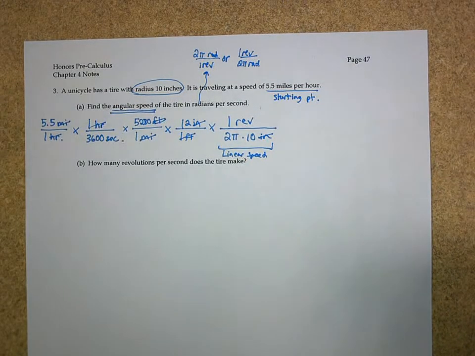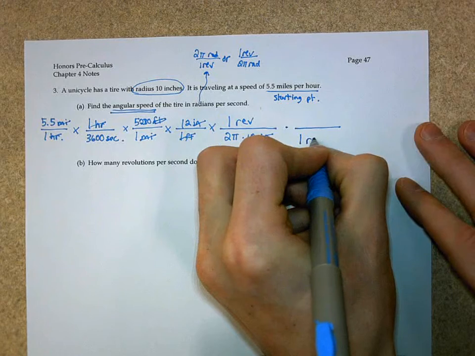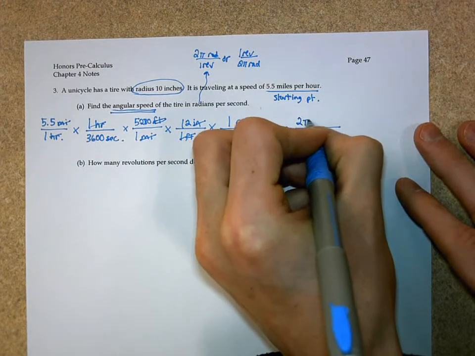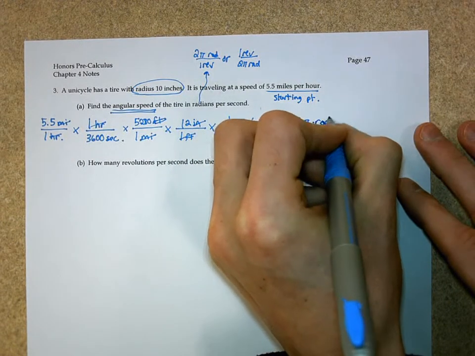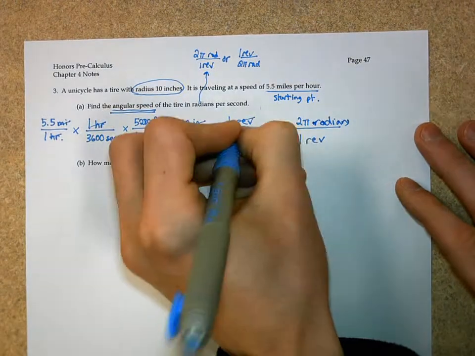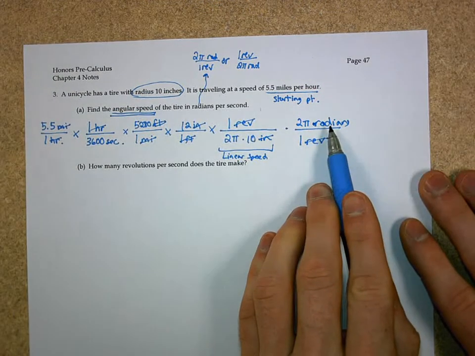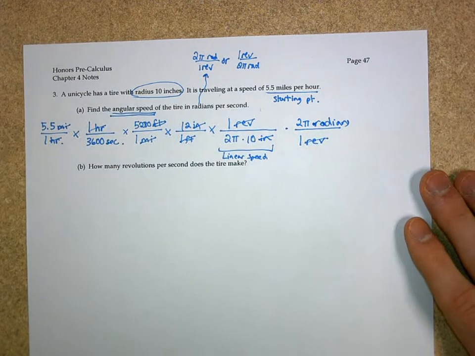And I'm really close to having my radians per second now. I now need to use my angular formula, which says that 1 revolution is 2 pi radians. So revolutions cancel out, and I now have radians per second.